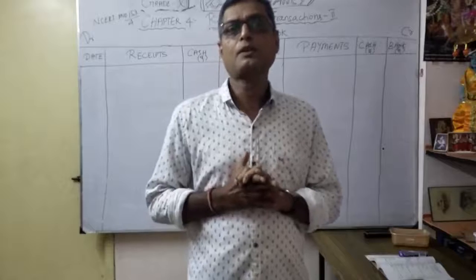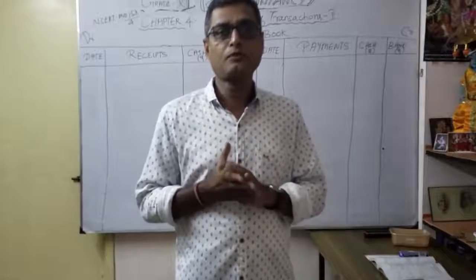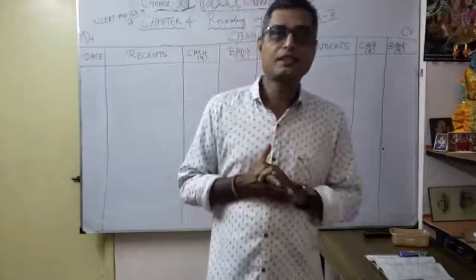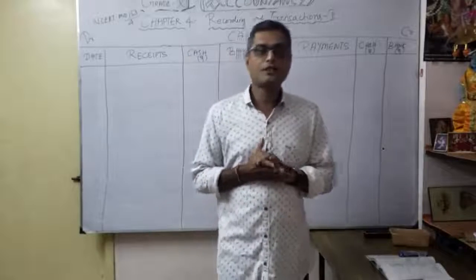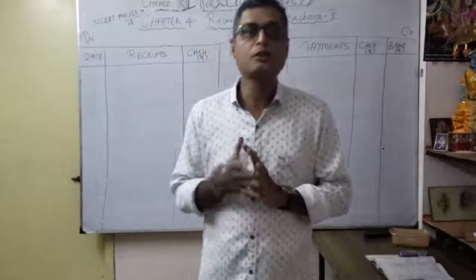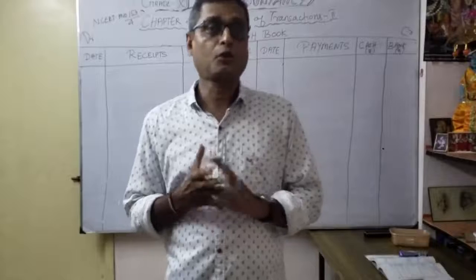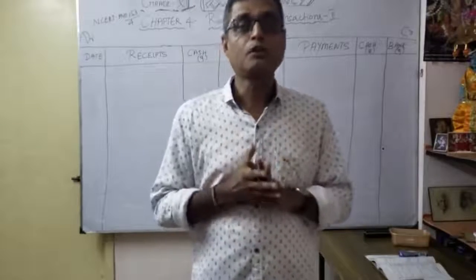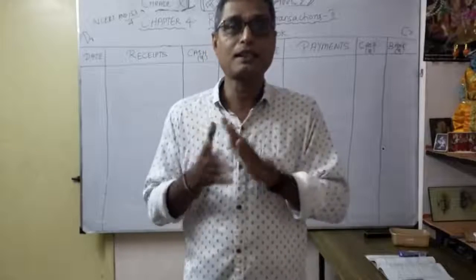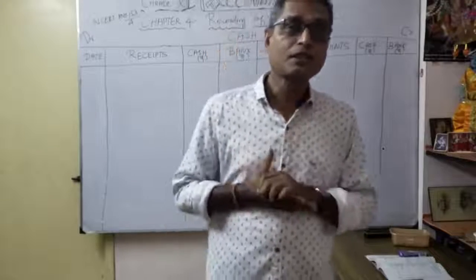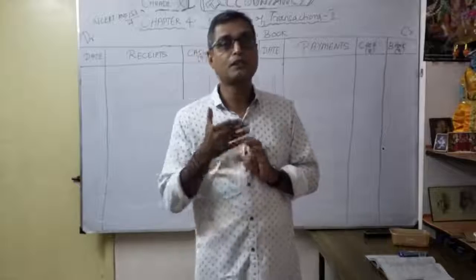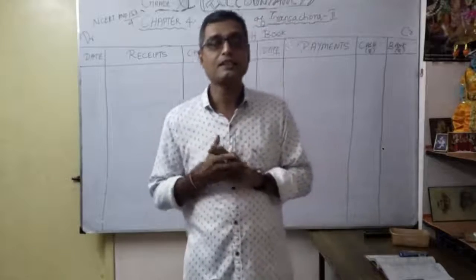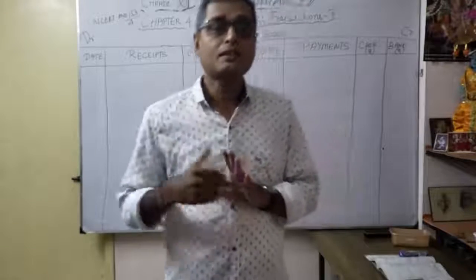What is a double column? In a single column, any cash transaction we can enter into the cash book. In a double column cash book, we also include bank transactions. So there is no need to open a separate bank book. In a cash book, you can open cash and bank dealings. As you know, nowadays bank transactions are always welcome for easy understanding and as a transparent way.